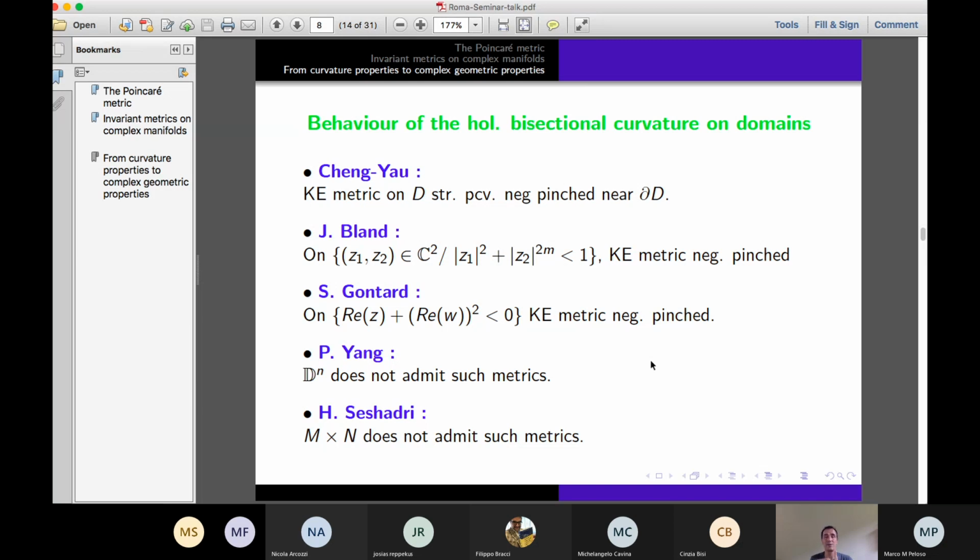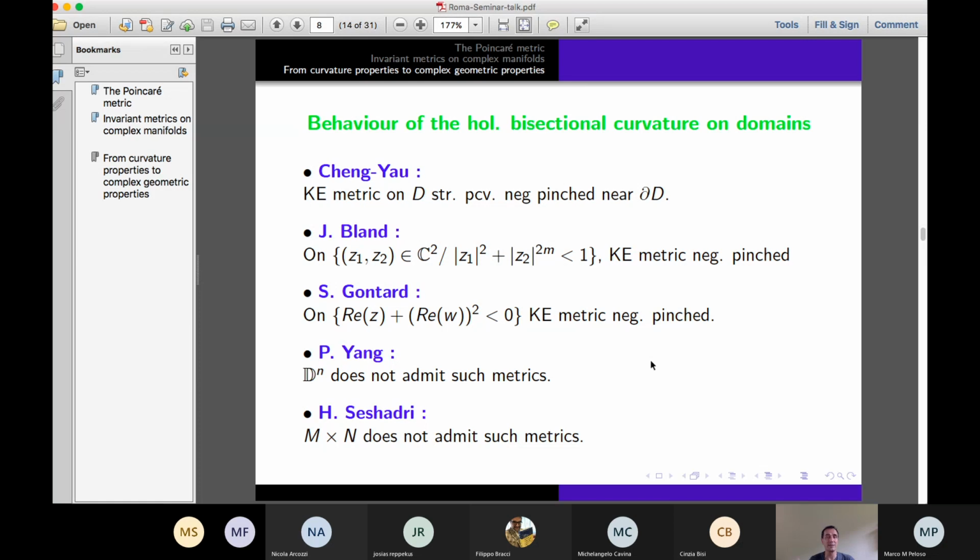Now imagine you are in D2, so in complex dimension 2. You take a product of two copies of the unit disk. Then the holomorphic bisectional curvature of the Bergman metric is 0 if you evaluate at the vectors (1,0) and (0,1).